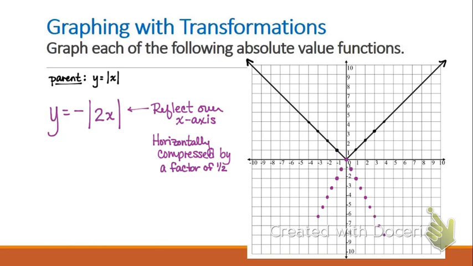So vertically, I'm moving 1 unit away from my vertex, but horizontally, I'm only moving a half a unit away from my vertex each time. And then I'm going to trace through this. And there's my absolute value transformation. All right. Get ready for our next type of function.